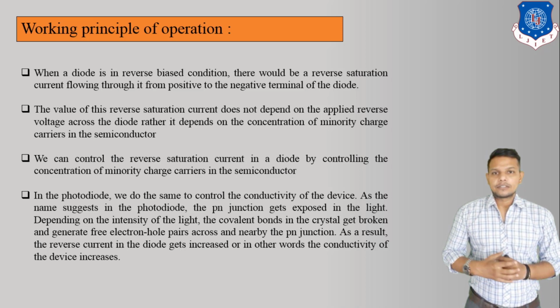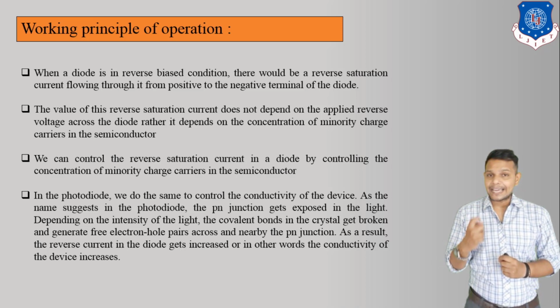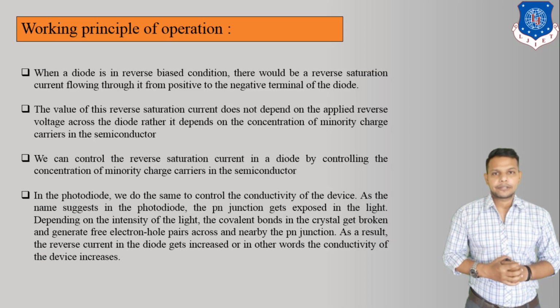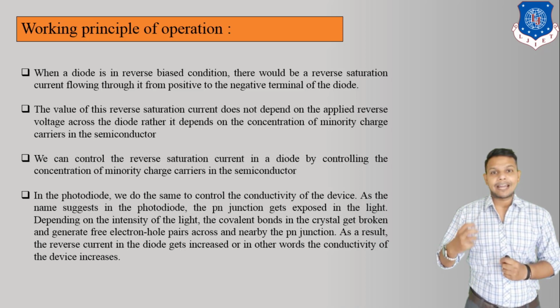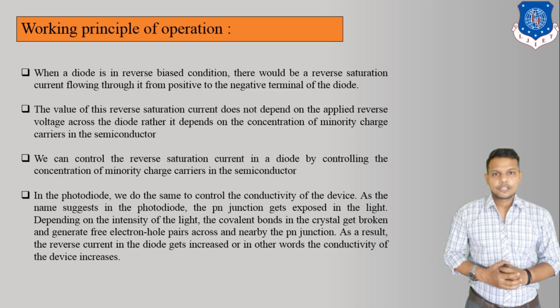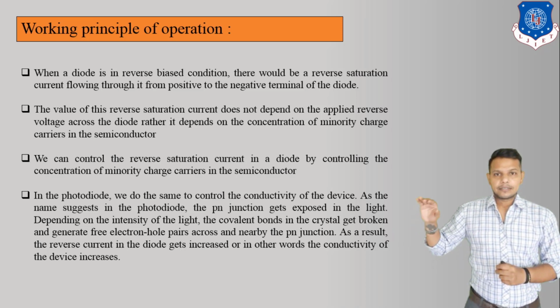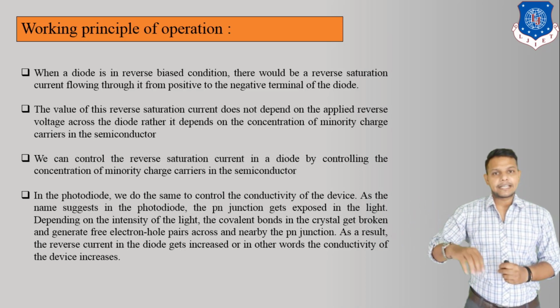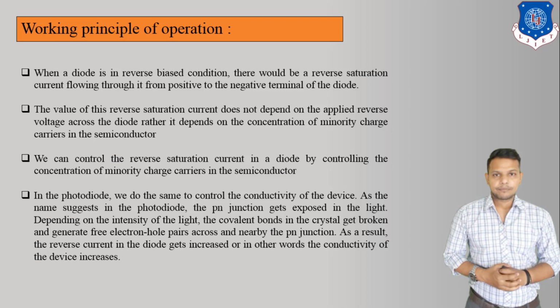That means intensity of light is directly proportional to the photocurrent. If intensity of light is higher, that means your photocurrent is higher. So we can say photocurrent flows in this circuit diagram.